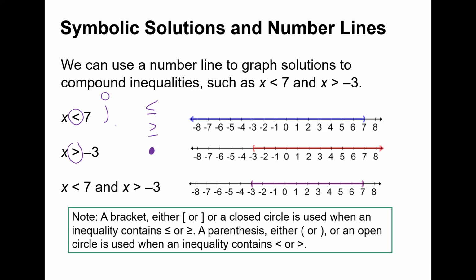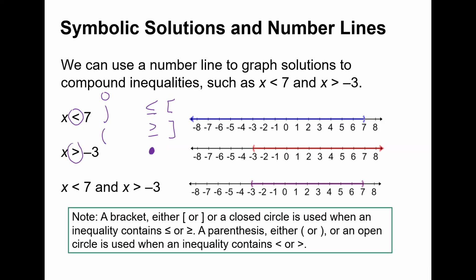So you might see this either way. It's either going to be parenthesis and an open circle, or it's going to be a closed circle, and in this case, brackets. Parentheses, brackets, open circle, closed circle: those are the differences that you're going to see.